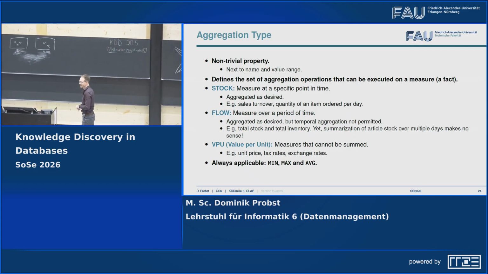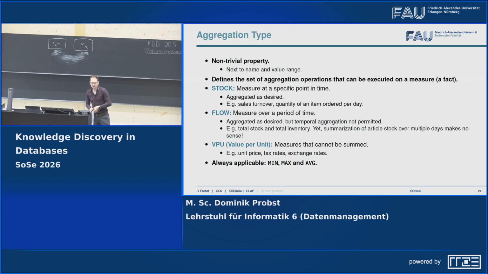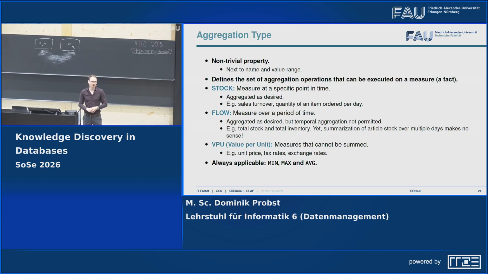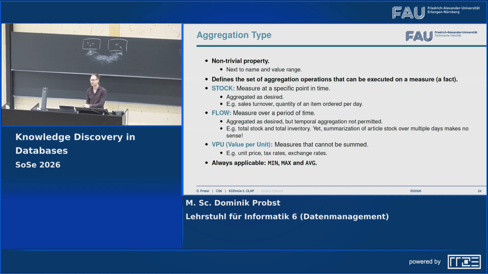We can simply say, our total VAT tax rate was 26%, because that's not how things are working. So tax rates are not to be summed and therefore are value per unit.